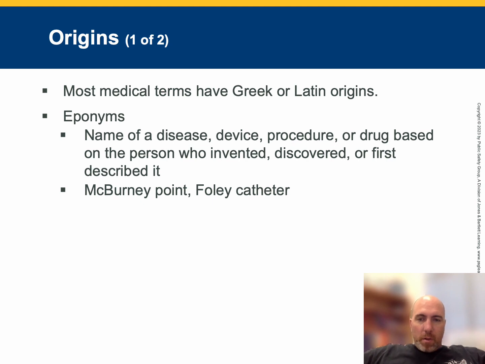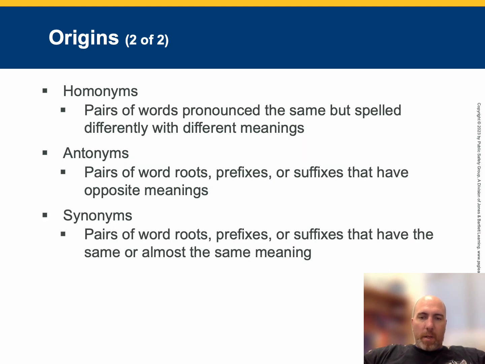Most medical terms have either a Greek or Latin origin. An eponym is the name of a disease, device, procedure, or drug based on the person who invented, discovered, or first described it. Examples here are the McBurney point, the Foley catheter, the Babinski reflex, and Crohn's disease, all named after people who came up with them.